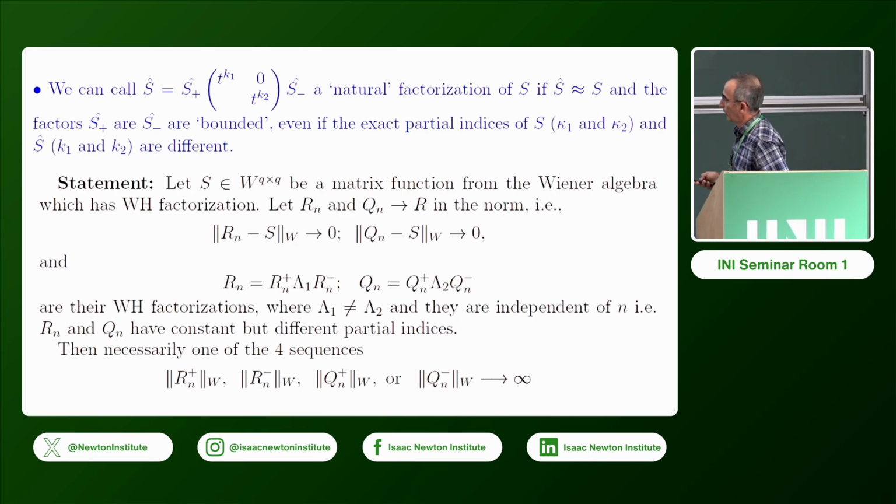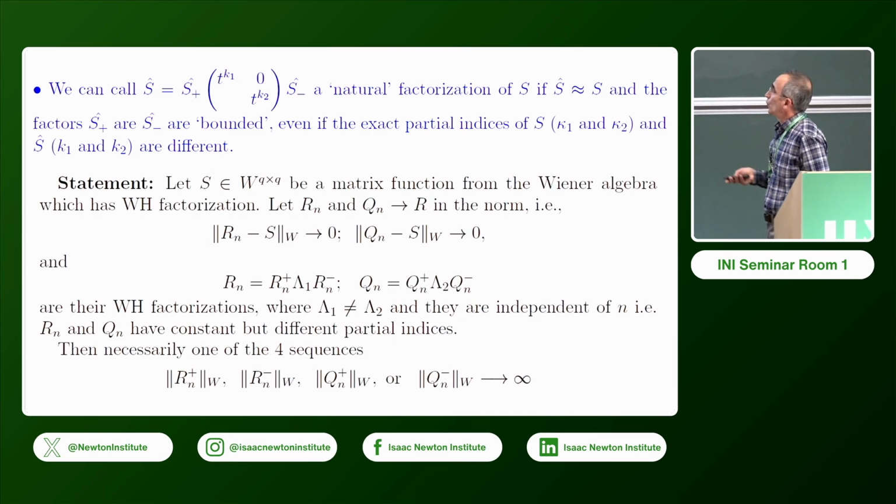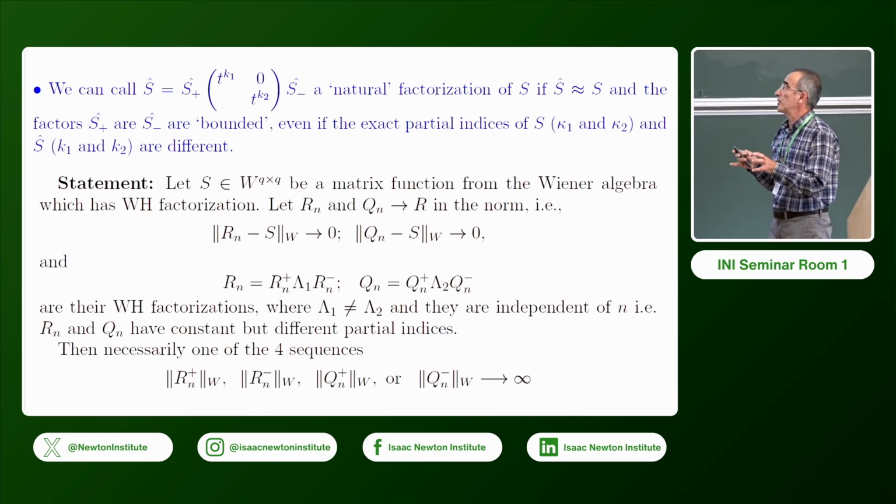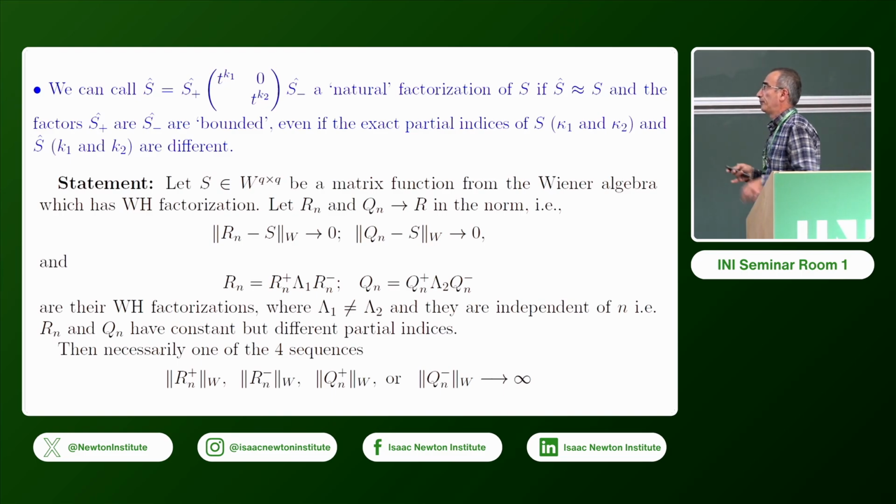The norm of this matrix should go to infinity. We formulated this theorem for the Wiener algebra, but it should be correct for any norm and for any algebra. Therefore, we introduced this concept of natural factorization, when we don't factorize the given matrix exactly, especially if this matrix comes from applications. We assume that the factors should also not be too large in the natural factorization of this matrix.